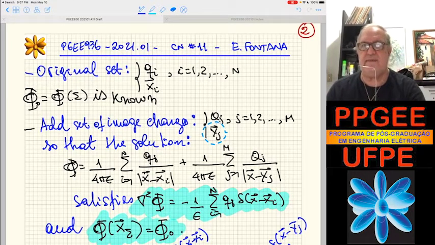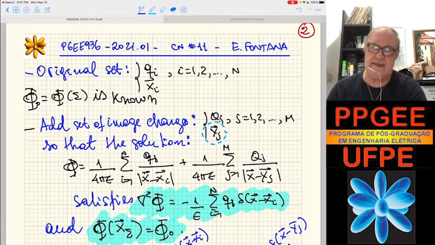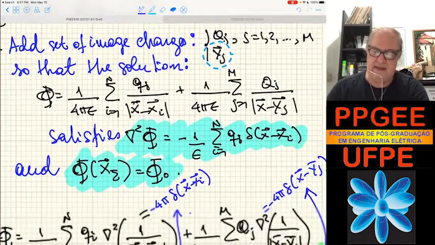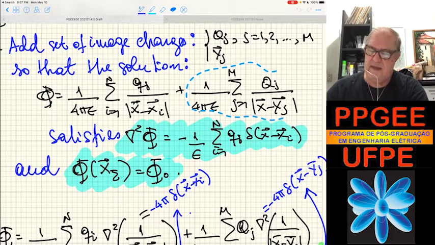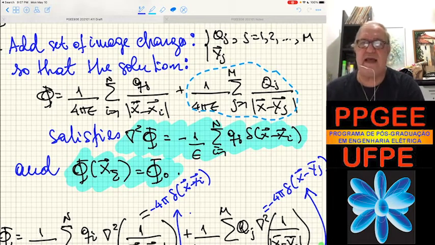We propose that the potential inside of the region enclosed by sigma is going to be the sum of the potential of the real charges and that of the fictitious charges. It's a very simple problem because it's a scalar sum of individual potentials of point charges, right?